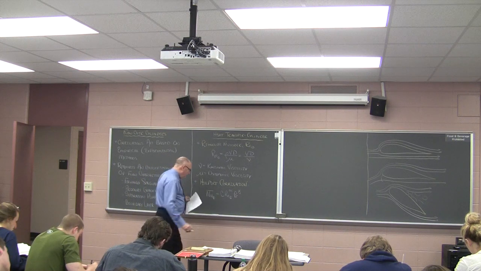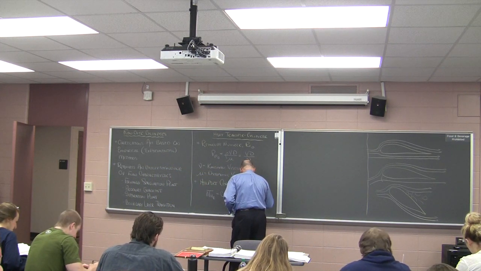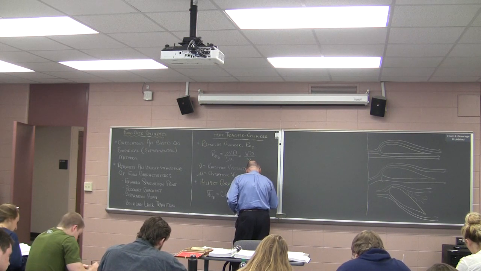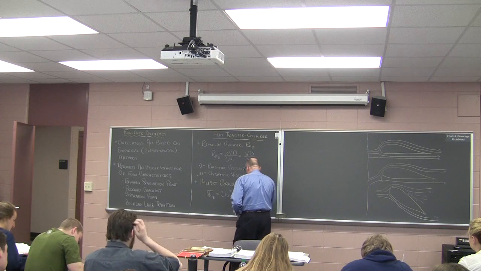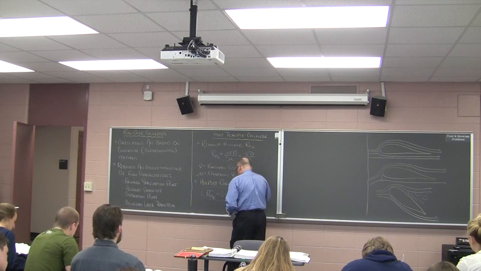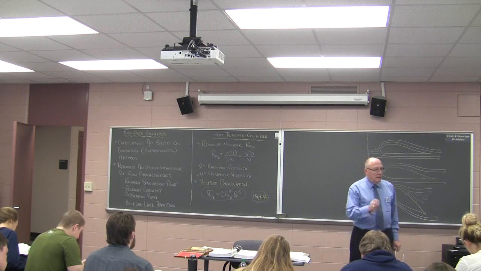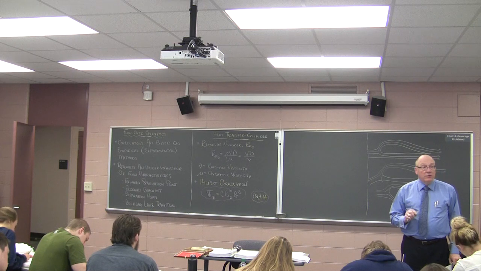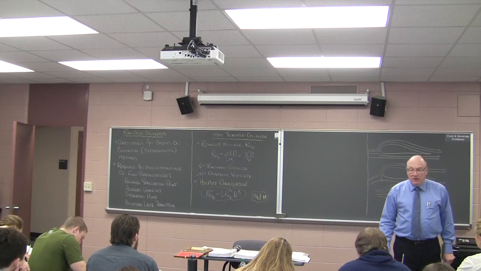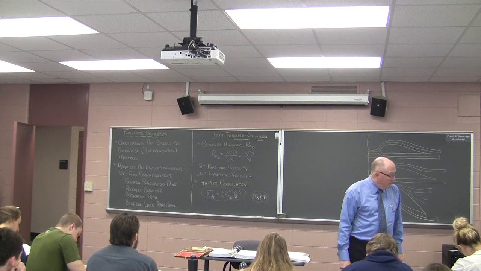And this is equation 7.44 in your text. This is the default correlation that you will use for calculating the Nusselt number for cylinder cross flow. Examples of that would be a wire, a pipe, something of this nature.